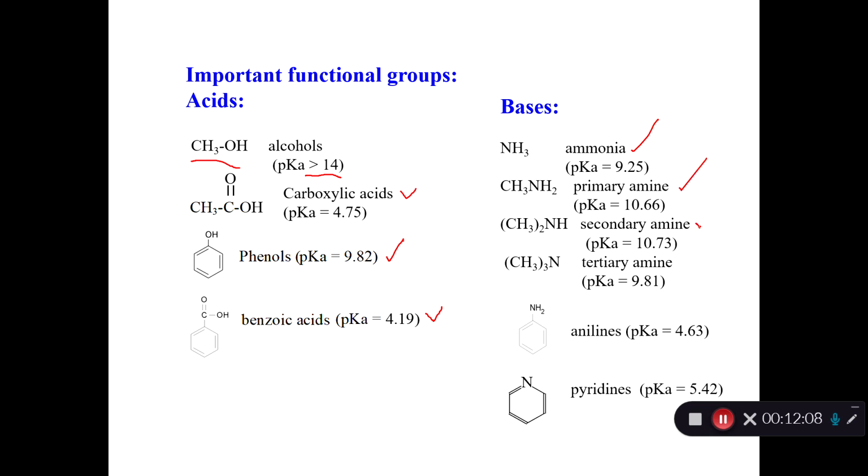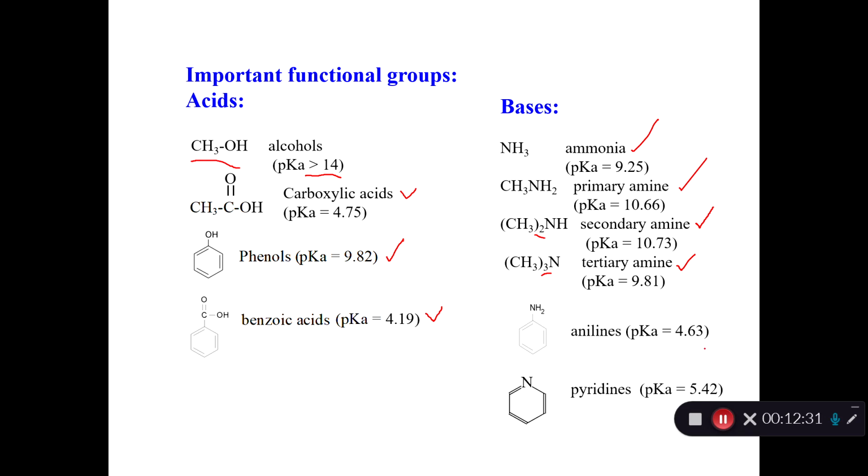Here would be a secondary amine because you got 2 methyl groups attached to it. That makes it secondary. Tertiary amine has 3 methyl groups attached to it. You can see how the pKa goes down when you go from primary to secondary to tertiary. Well, actually, it doesn't go down uniformly, but hovers around 10.5 to 9.25.